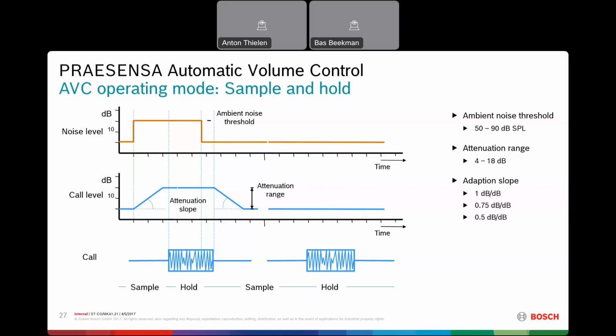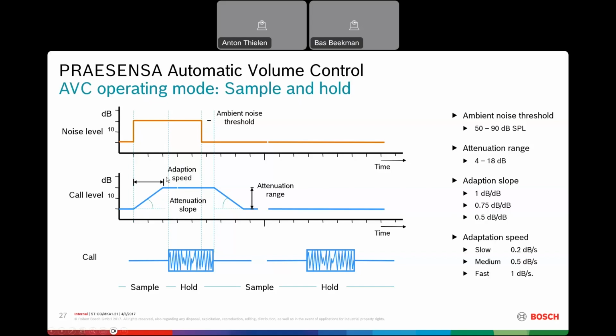Then you have an attenuation slope. That means how quick your call level will be adapted based on what is sensed. So that's the slope. Sorry, the attenuation range is the dB, how many dB is attenuated for that.